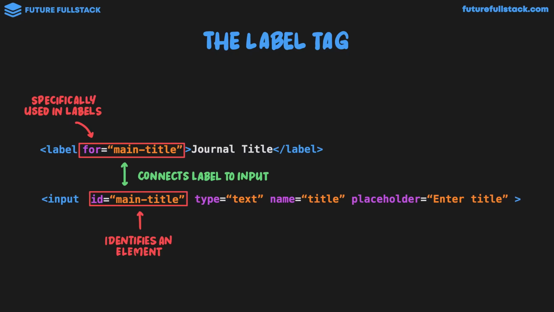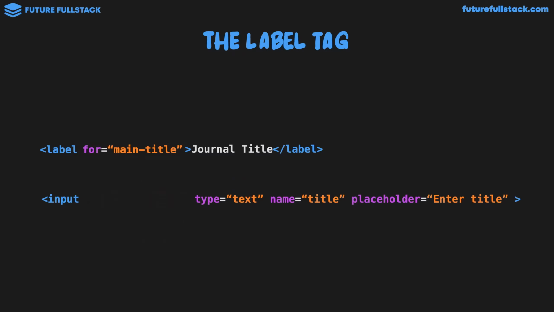I'd also like to highlight something which can cause confusion when it comes to deciding the values for ID and for attributes. We could have given the ID a value of title, and the for attribute a value of title as well. These values are the same, so our label would still be connected to the input. What I want you to take note of now is that the name attribute also has a value of title.